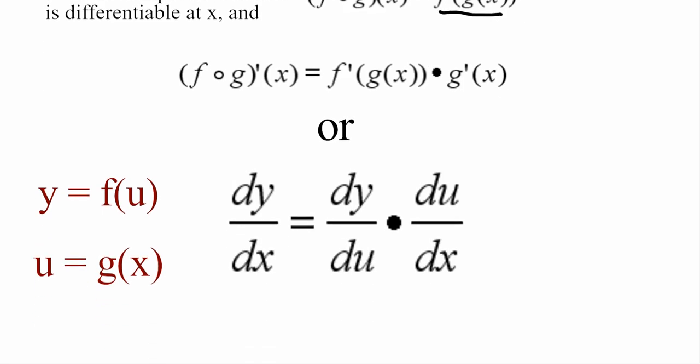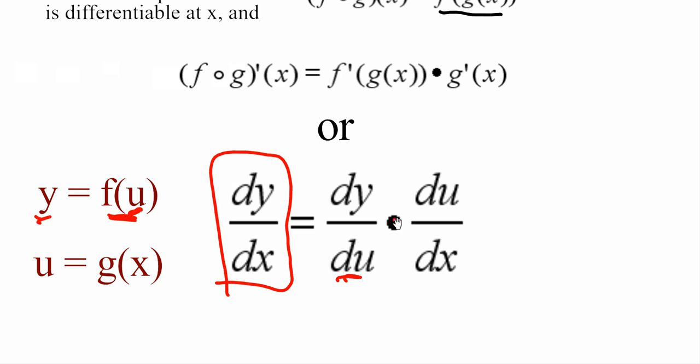Another way of looking at this is in differentiation notation. If y equals f of u, and u equals g of x, we can write the derivative dy dx as dy du, the derivative of the outside function f of u with respect to u, which means we're taking it with respect to whatever the inside function is.